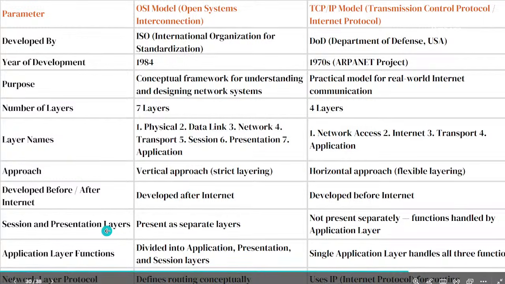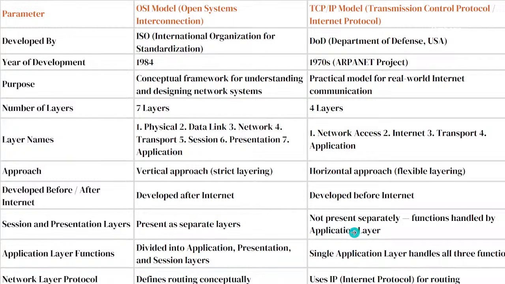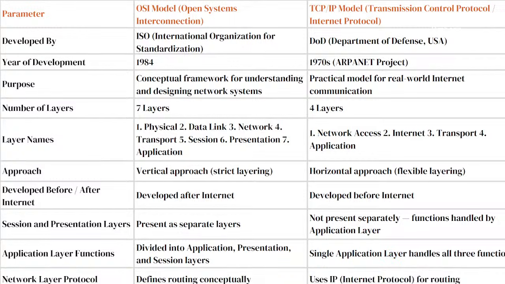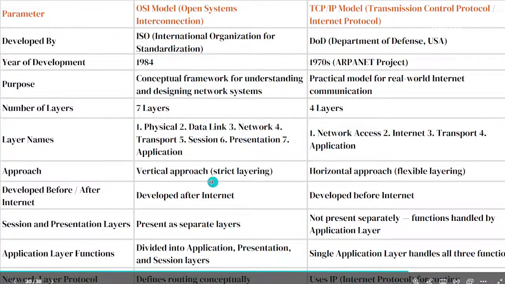Here, session and presentation are present as separate layers, but in TCP/IP they are along with the application layer. Now, the application layer here was application, presentation, session; the same point is repeated here, don't worry. When it comes to the application layer, it is single handled, meaning all 3 functions are handled by the application layer.